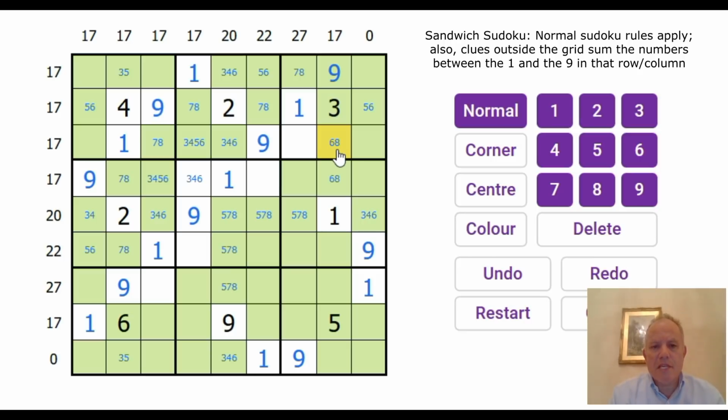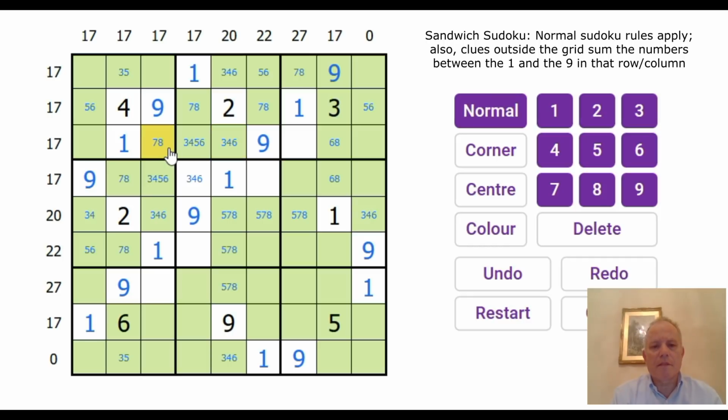But if this was a 6, this would have to be 8, 4, 5. That's interesting. If this is an 8, this has to be a 7. If this is a 6, that doesn't prima facie have to be something, but in fact it has to be an 8, because otherwise you can't make up the total.